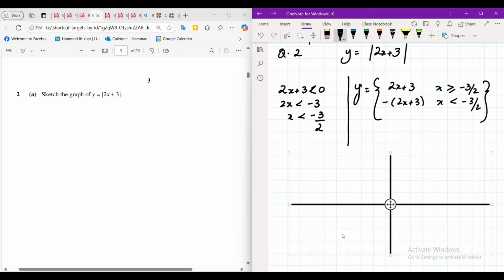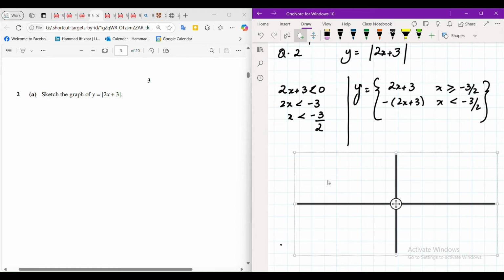So slightly towards the left, 3 over here, minus 3 over here, and 1, 2, sorry, let's go with minus 1 over 2.